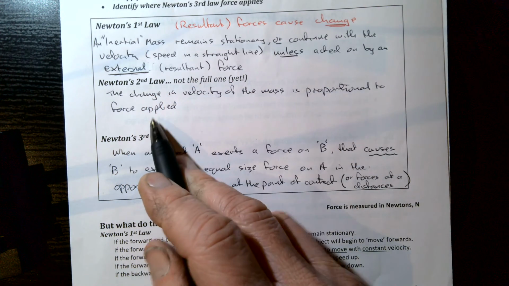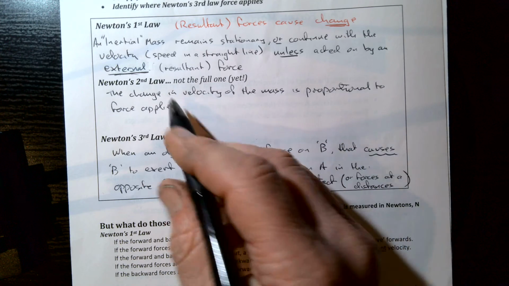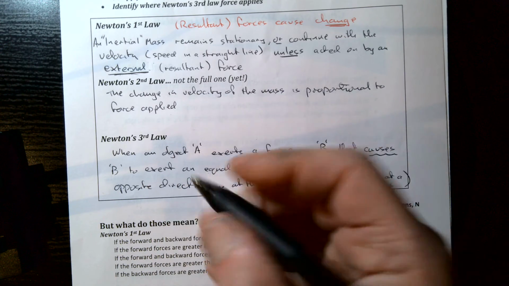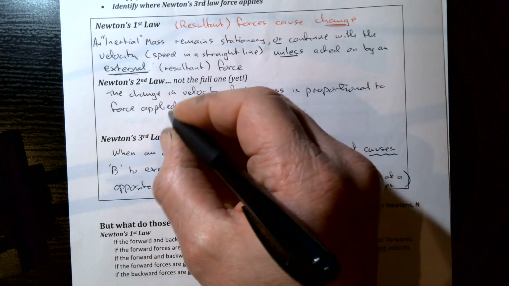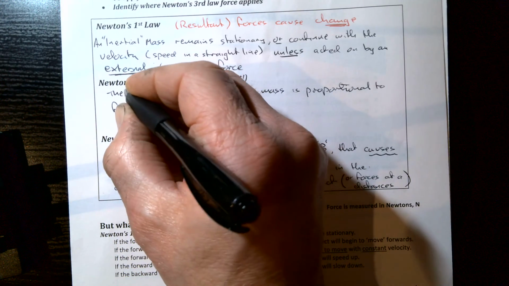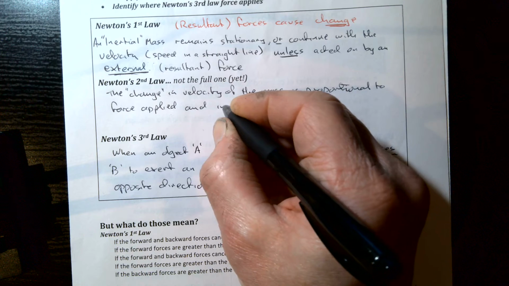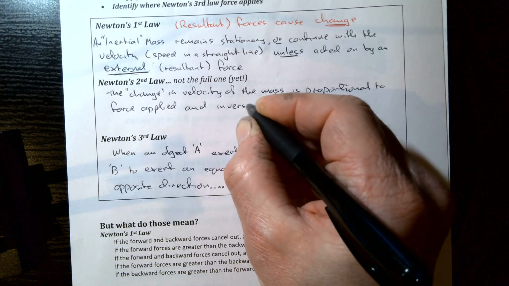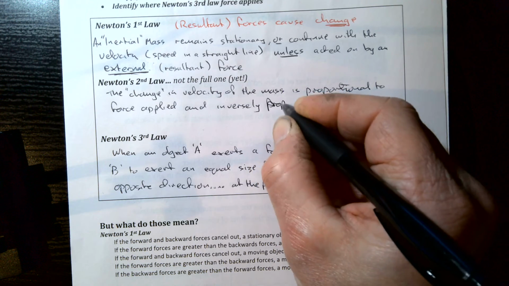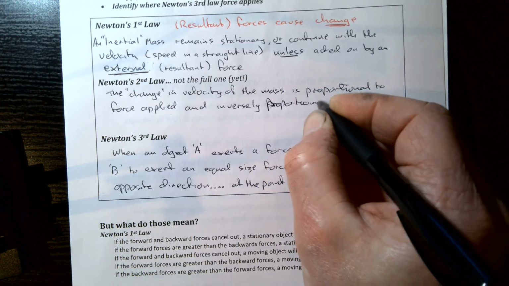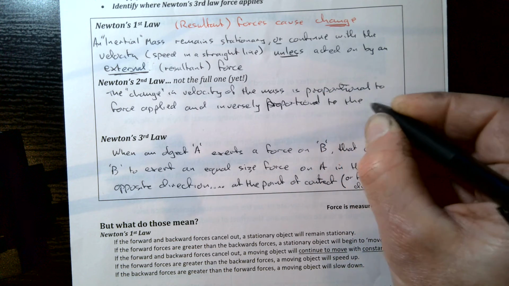Okay, fairly obviously if you push harder your speed will increase at a higher rate, okay, so the change in velocity of the mass is proportional to the force applied, and I should say rate really, but we'll stick with the change, okay, force applied and inversely proportional, and this is quite a useful way of thinking about this, proportional to the mass.